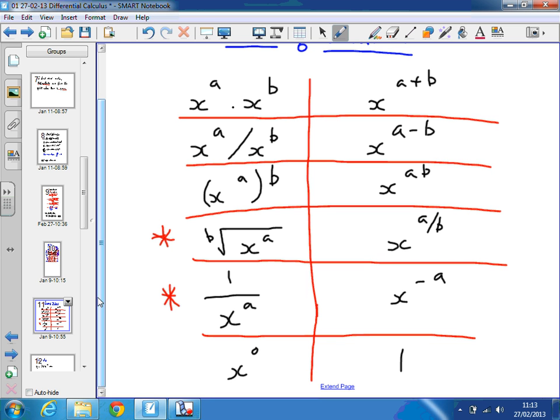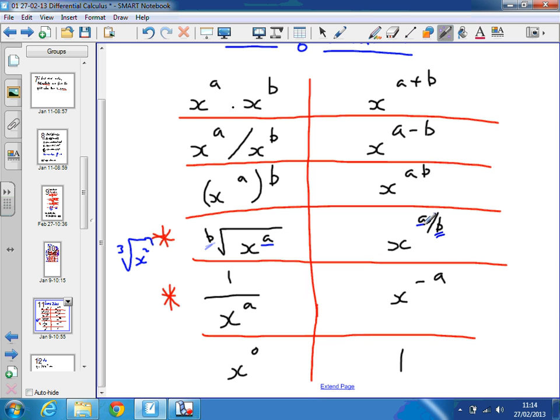So, for example, if I want to differentiate something like the cube root of x squared, then that rule is not on the table we've just written down. But it's an example of the first rule, because to do this I use the laws of indices, which tells me that the root, the cube root in that example, goes underneath in a fraction, and the power of x goes on top.